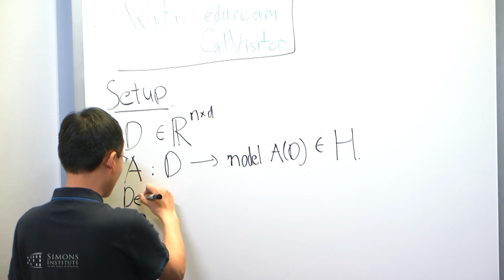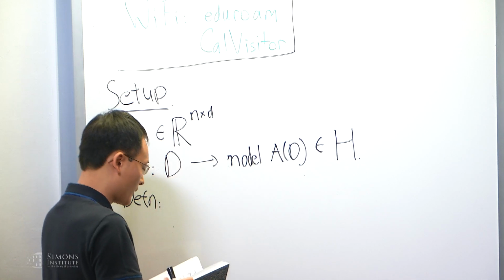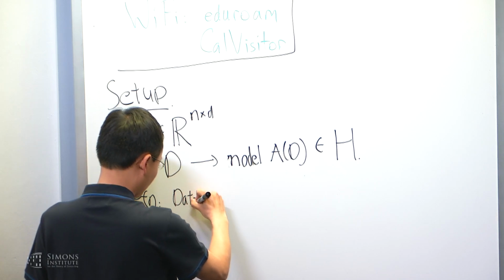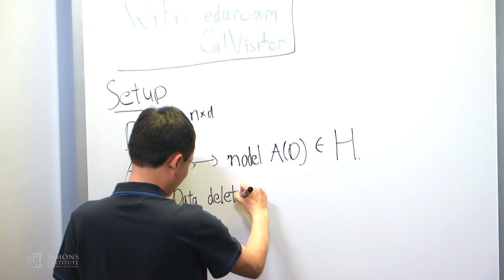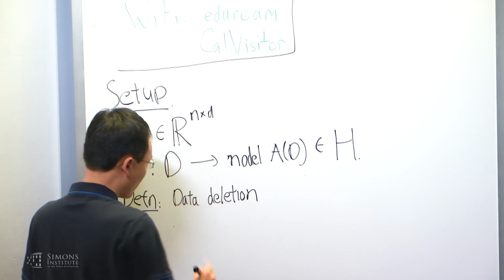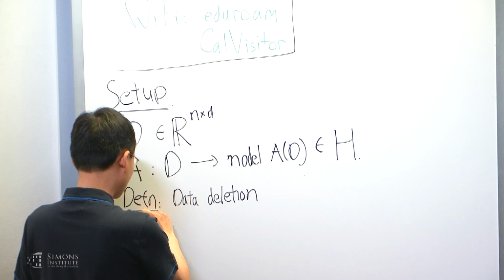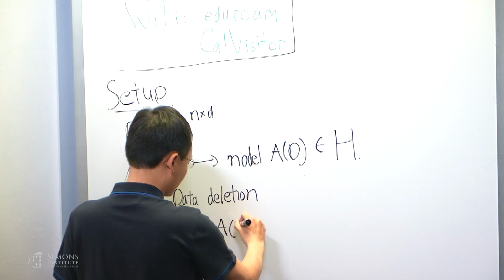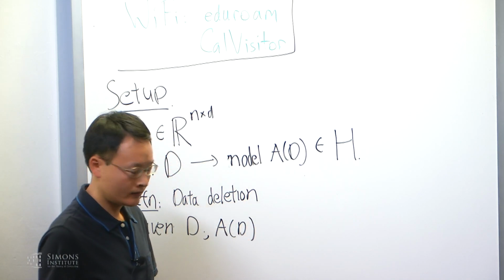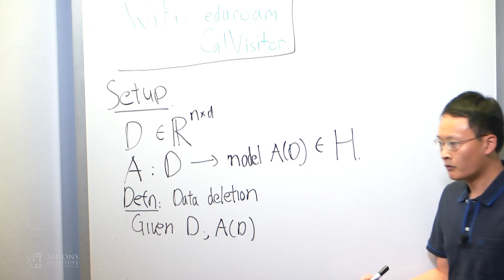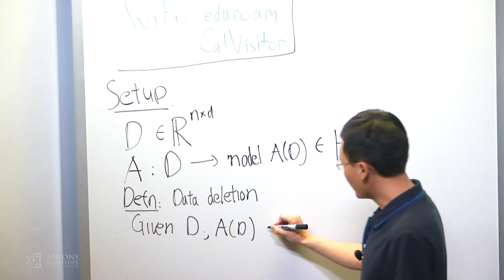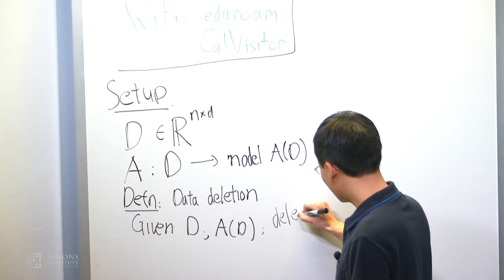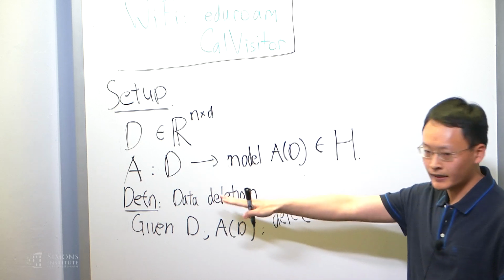So here's how we want to define deletion. Given I have some data set and then my algorithm, I want to delete the ith point from this data set.